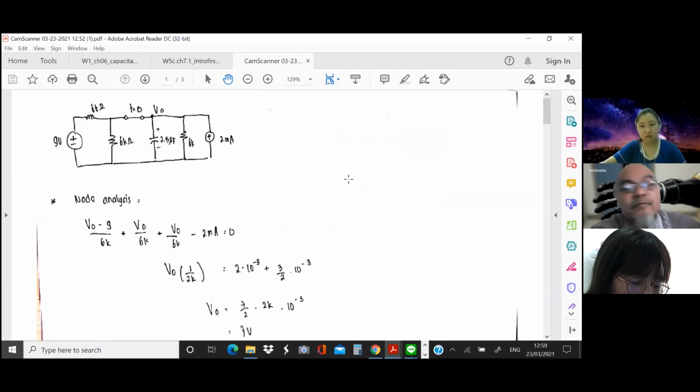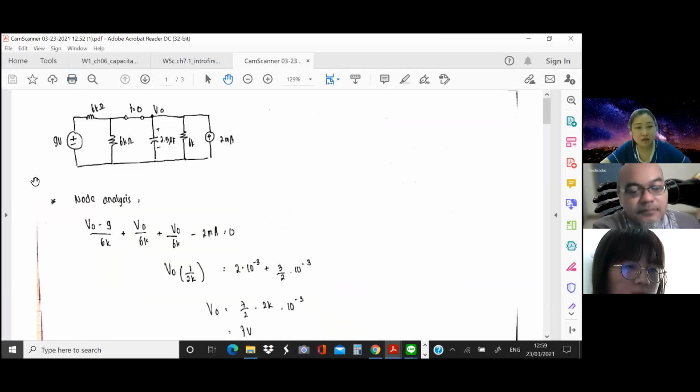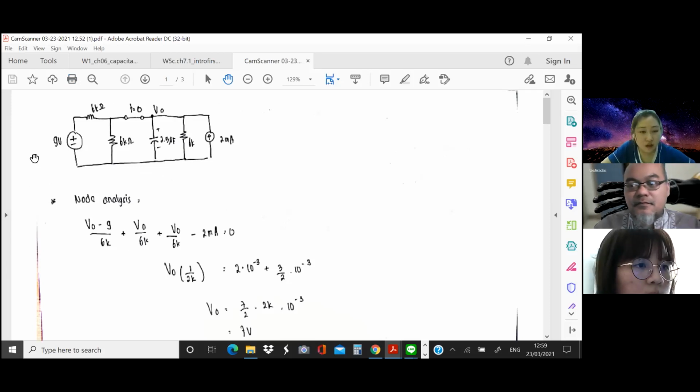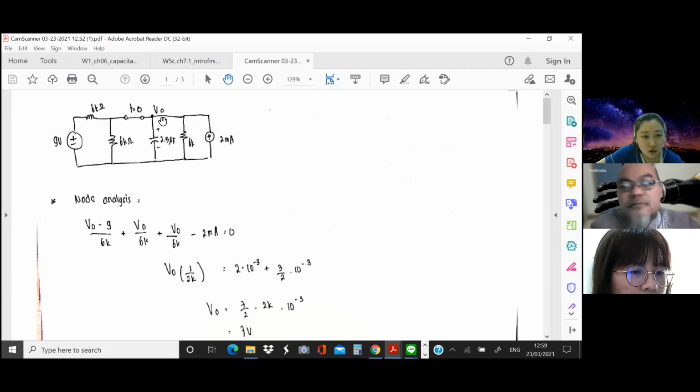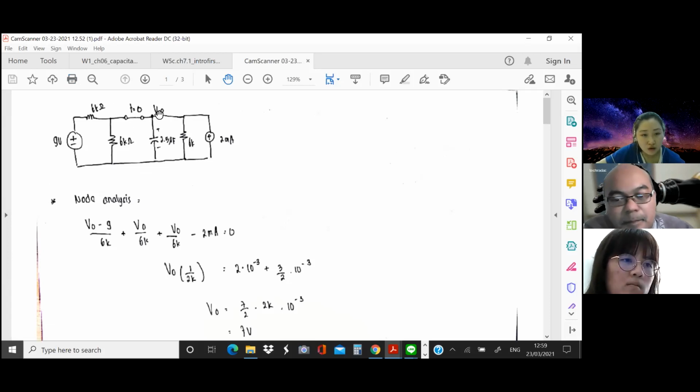So this is the circuit, and the first step is we make the node analysis at this node V0.